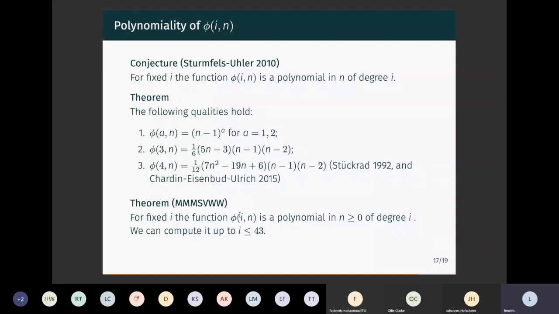We also get a recursive formula for these polynomials, which allowed us to compute them explicitly for quite big i, I think 43, if I'm not mistaken.